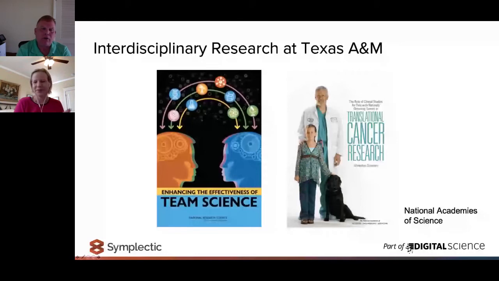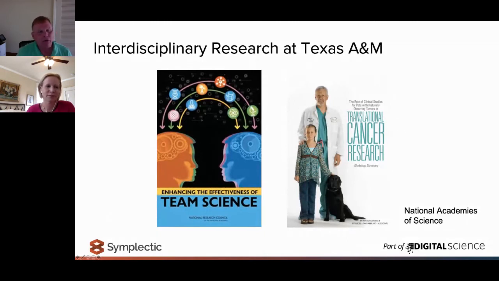And this interdisciplinary research has really exploded since the building of the internet, and you can see large initiatives at funding agencies like NIH and NSF around those kinds of initiatives.